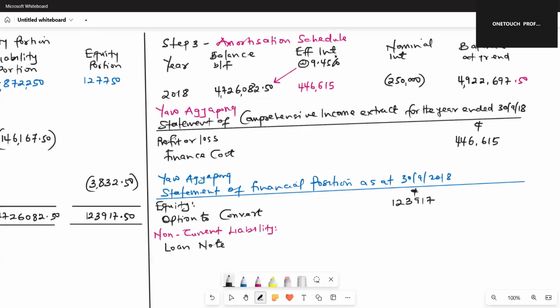So what will be the loan notes? 4,922,697.5. Okay, so that is that.